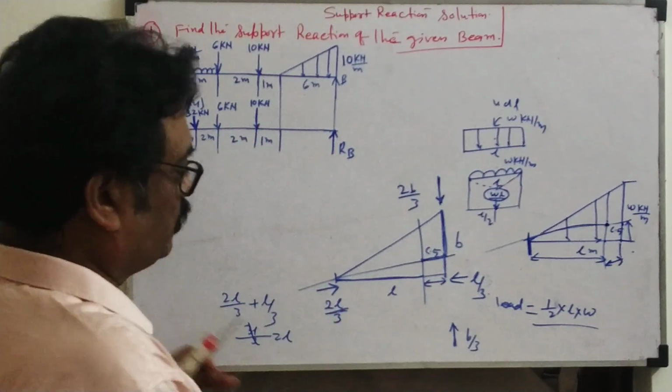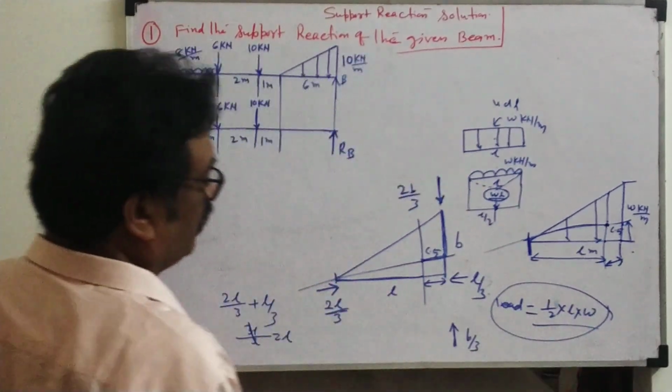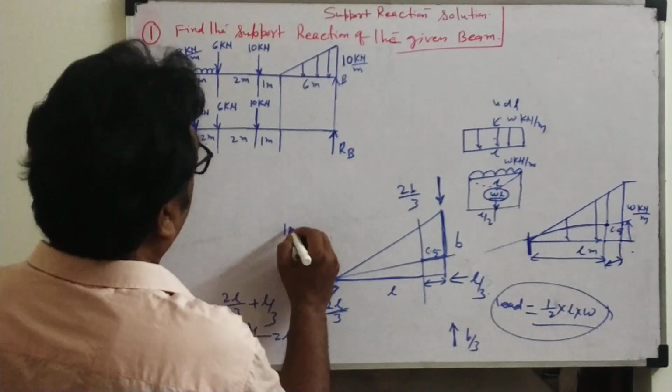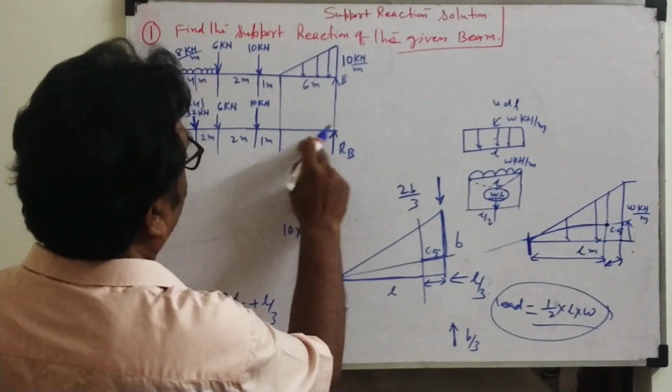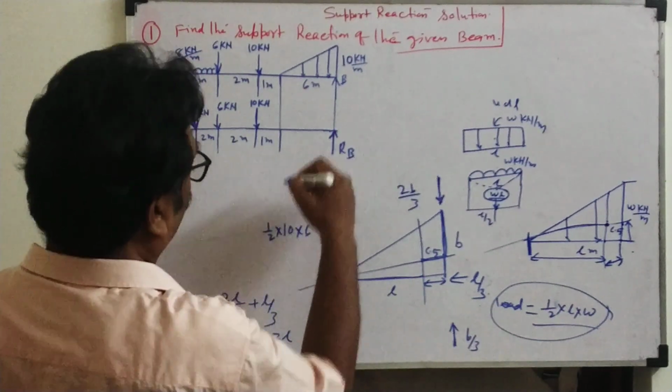But first the load will convert using 1 by 2 into L into W. So what is the load here? We can write 1 by 2 into 10 into 6.